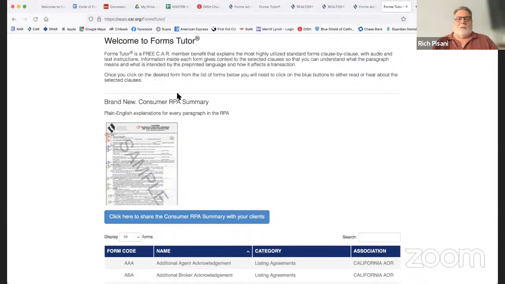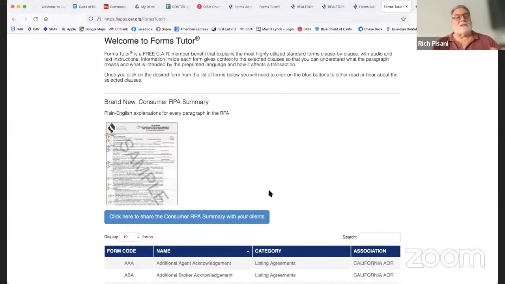So what you do is you click on this and it will send a copy of the RPA to your clients. I'm going to show you exactly what it's going to send. That gives them an overview of the RPA. It's great for new buyers: hey, this is what our offer is going to look like.